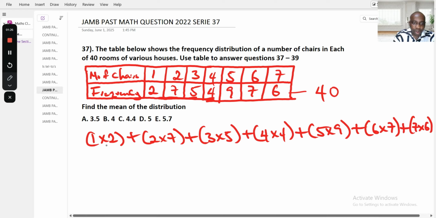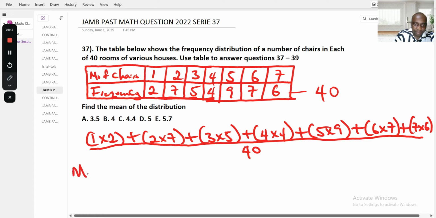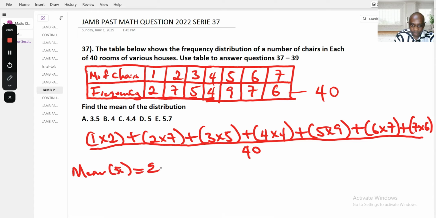Then you divide everything by the total frequency, which is 40. The formula to calculate the mean, let me write it, is summation of Fx divided by summation of frequency. This is the formula that we use. You multiply frequency by the x. This one is F, this one is x.